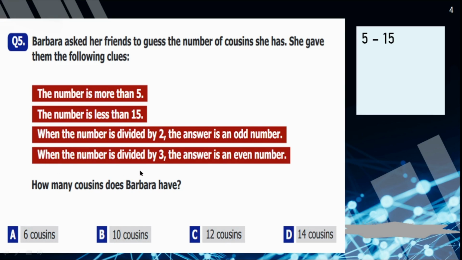And when the number is divided by 3, the answer is an even number. So if we look at our options, only C has that characteristic: if we divide 6 by 2, the answer is 3, which is an odd number. And if we divide 6 by 3, the answer is 2, which is an even number. So our answer is A. She has 6 cousins.